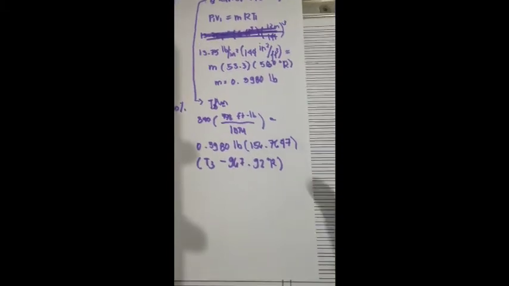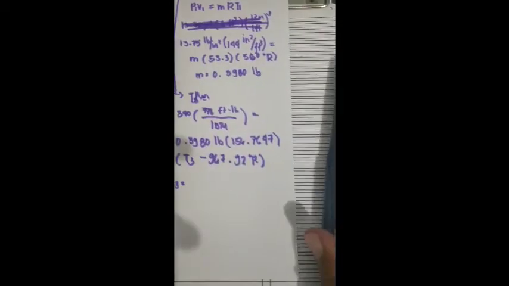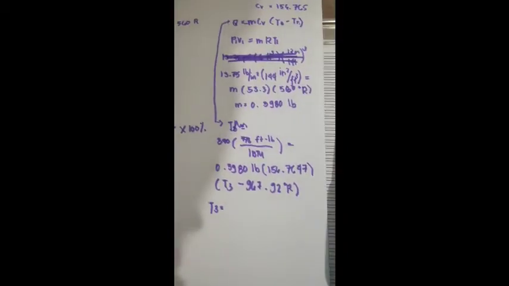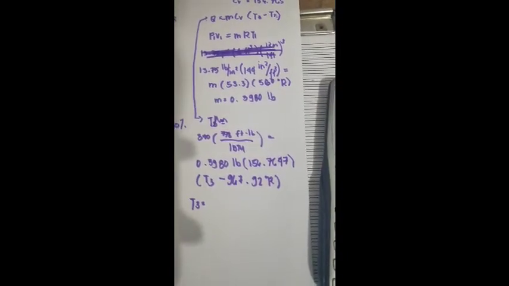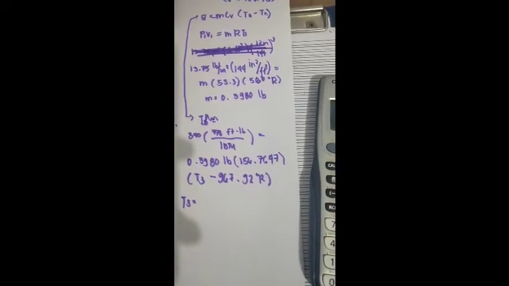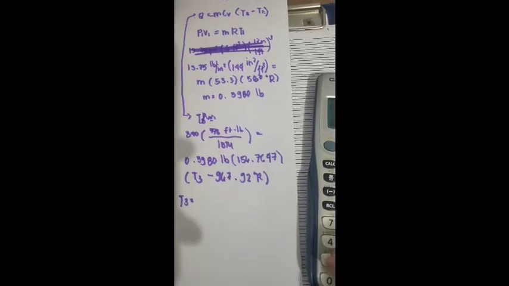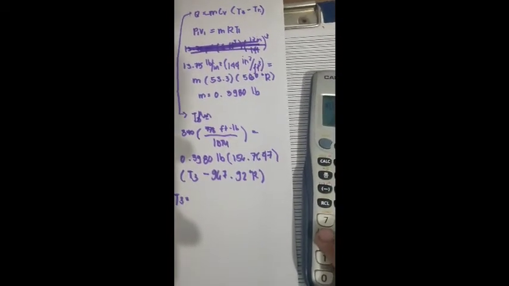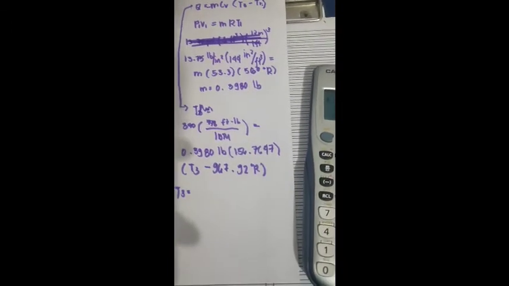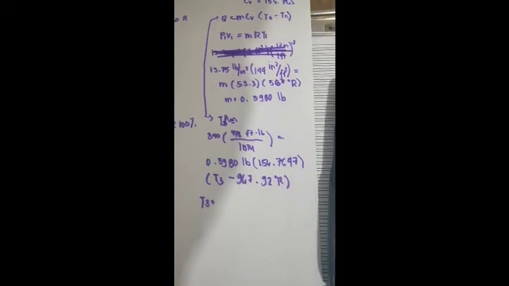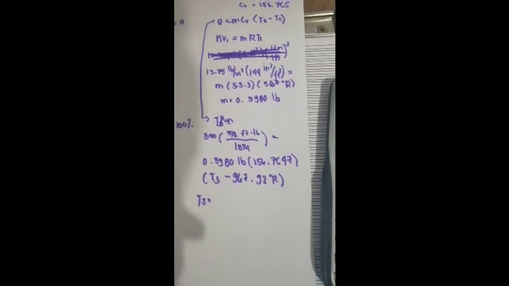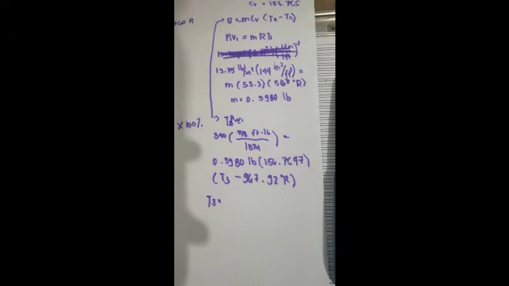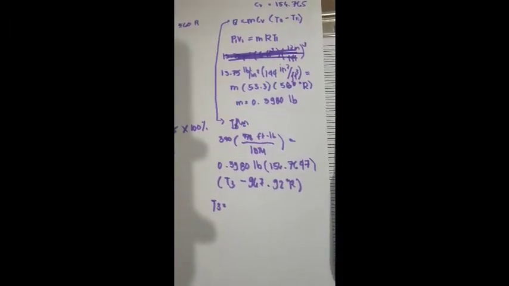So from this equation you will get the answer: 340 multiplied by 778 is equal to 0.3980 times 156.7647 times (T3 minus 967.916).